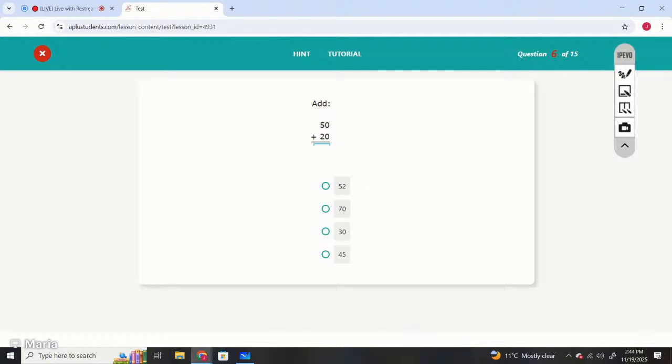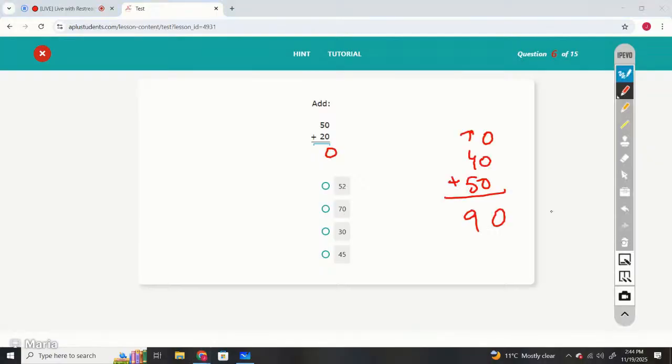Add 50 plus 20. 0 plus 0 is 0. And 5 plus 2 is 7.